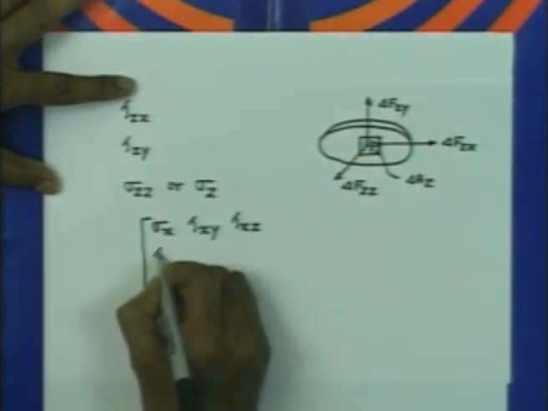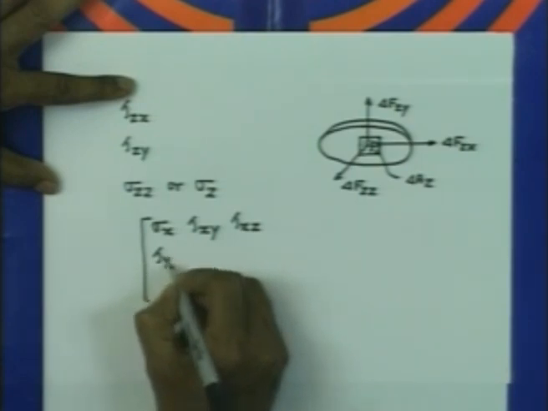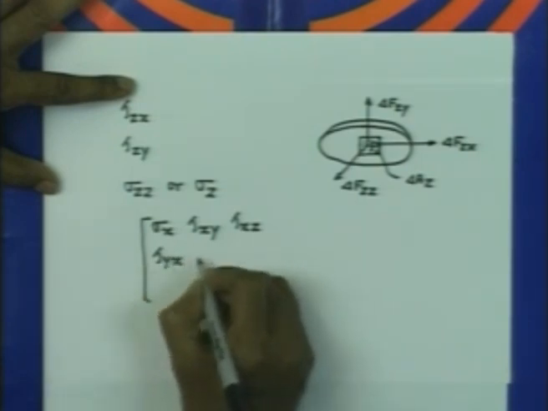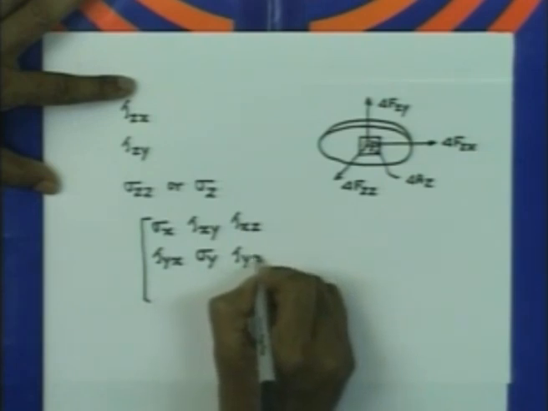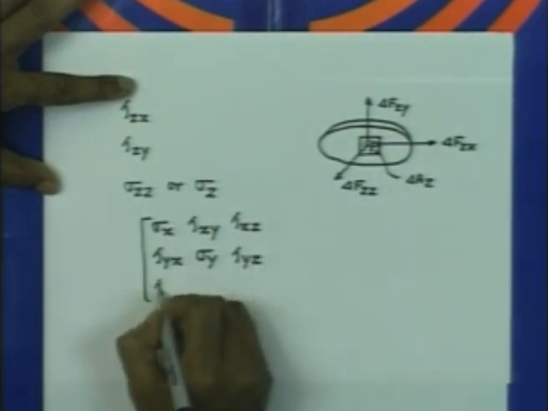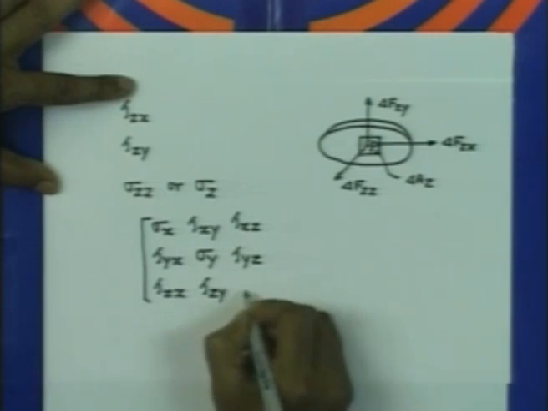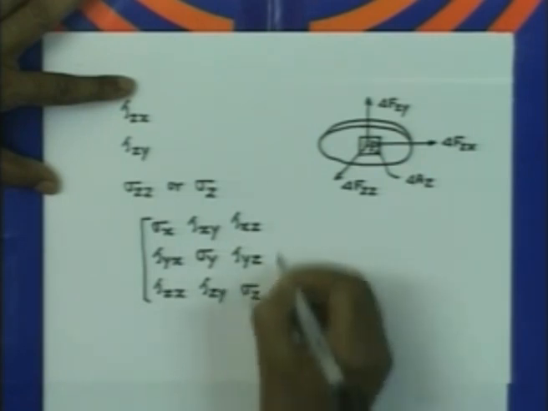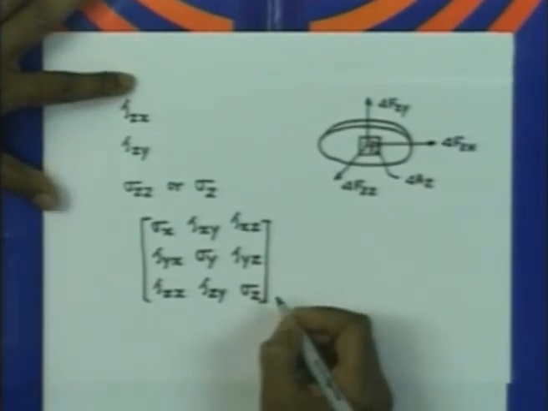Similarly, for the y plane we will have tau yx, the shear stress on the y plane in the x direction, then the normal stress in the y direction, then the shear stress on the y plane in the z direction. Similarly, for the z plane we will have tau zx, tau zy, and sigma z. So, these are the 9 components.